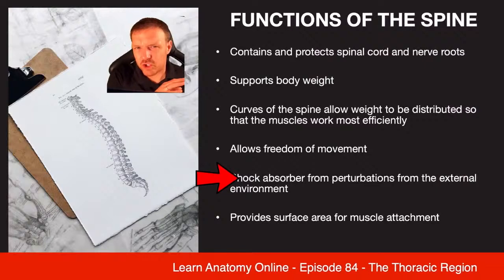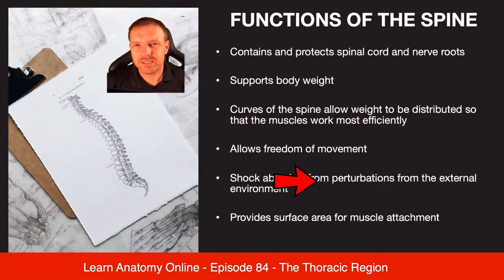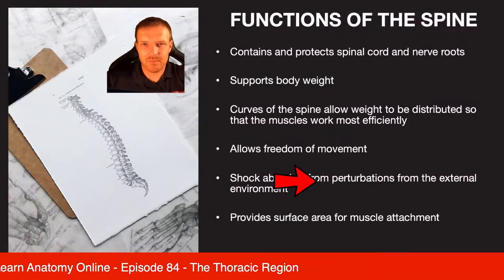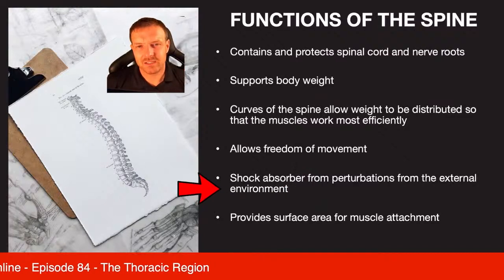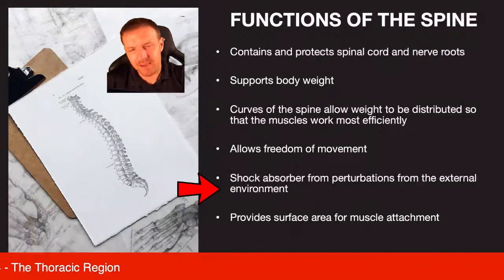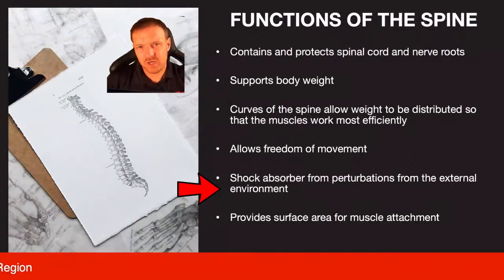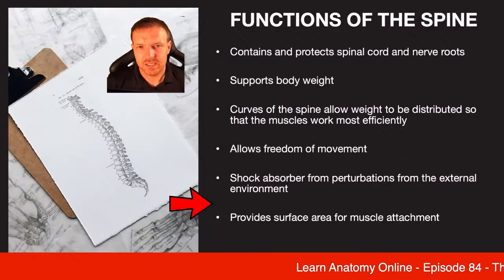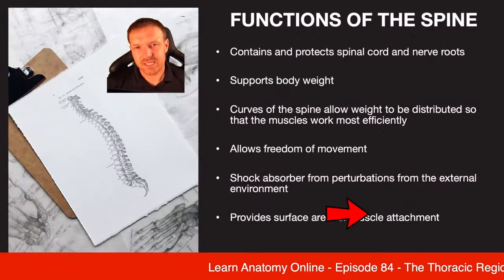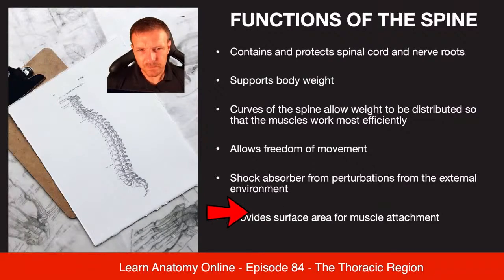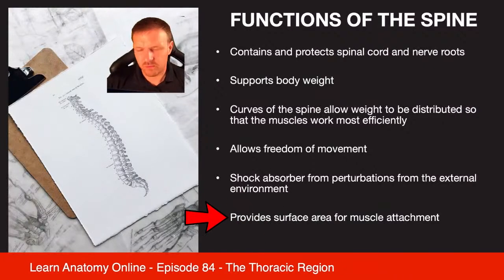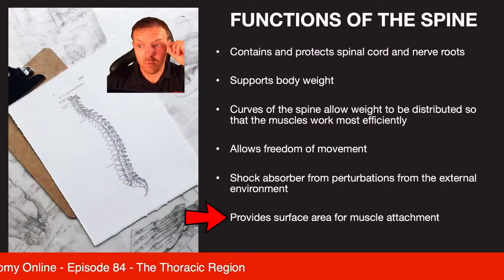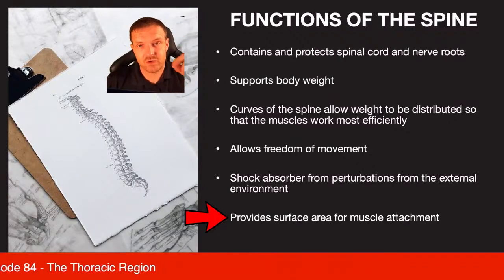Shock absorption or shock distribution from perturbations, so basically movement from the external environment. So whenever you take a step, whenever you push something with your arms, then the force is distributed through your spine into the soft tissue structures as well, and provides a surface area for muscle attachments. And I talk about this quite a lot because your muscle attachment points will feel different depending on who you are.